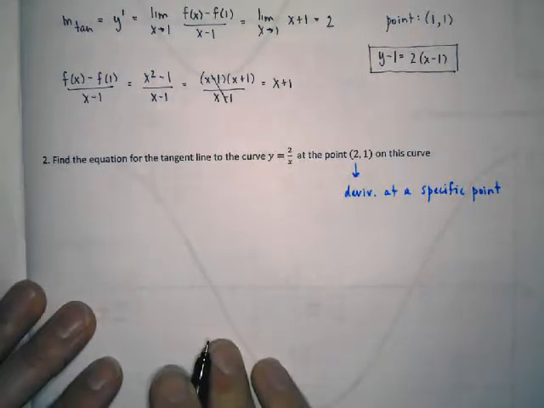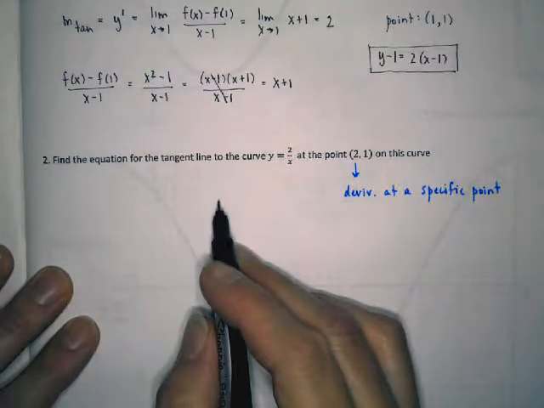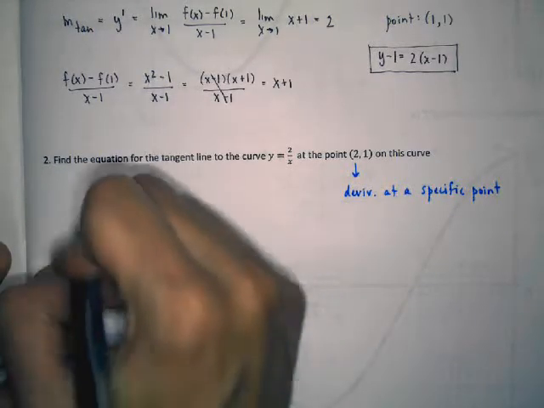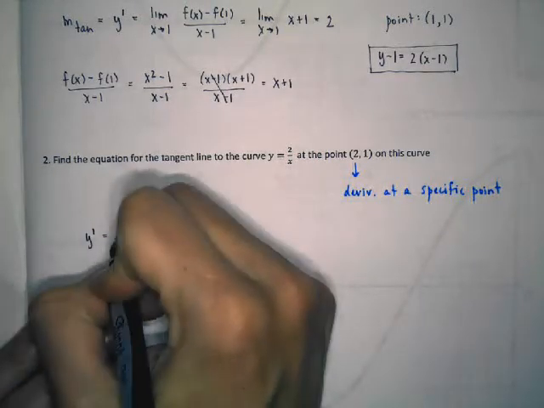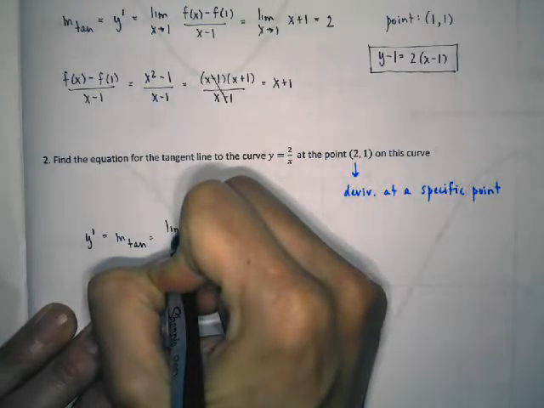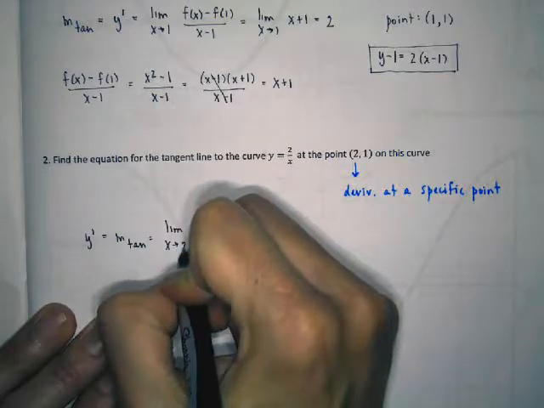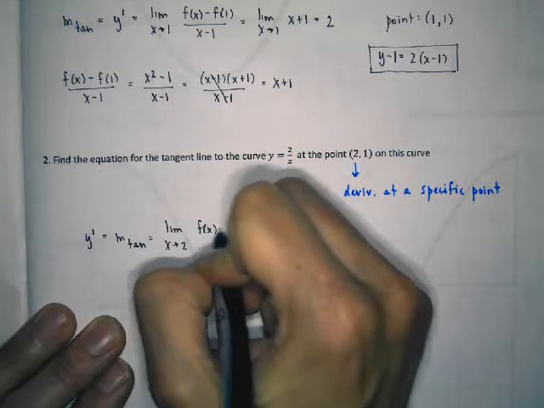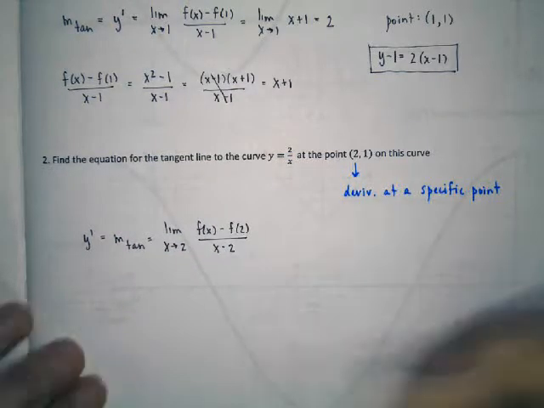Okay, so now, again, I first need to find the slope of the tangent, excuse me. So again, y prime, that's our derivative, which is our slope. And we're going to use our limit definition. The limit, now we're approaching 2, of f of x minus f of 2 over x minus 2.